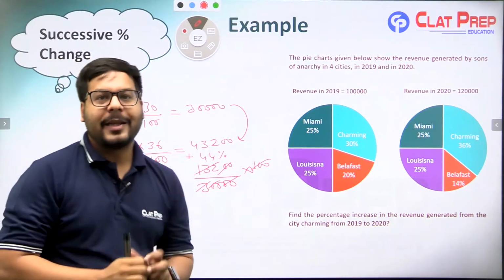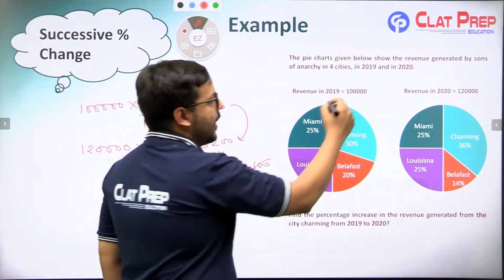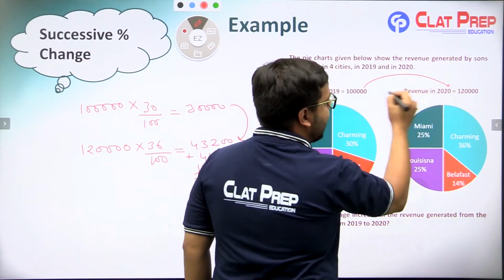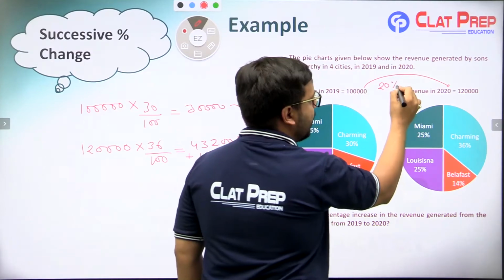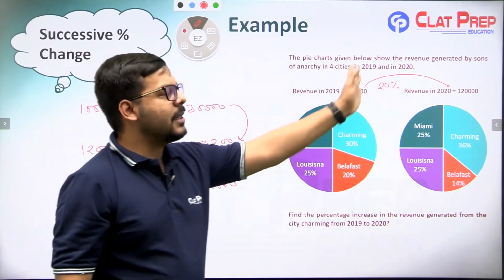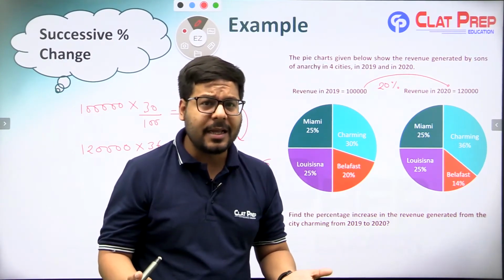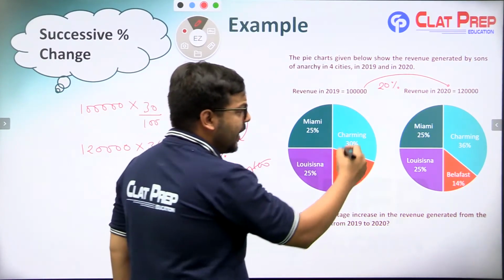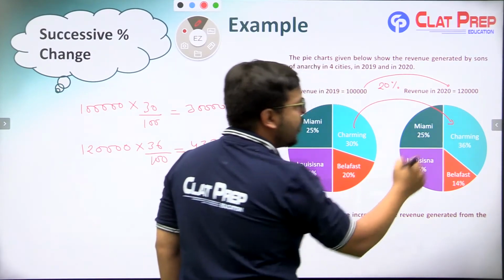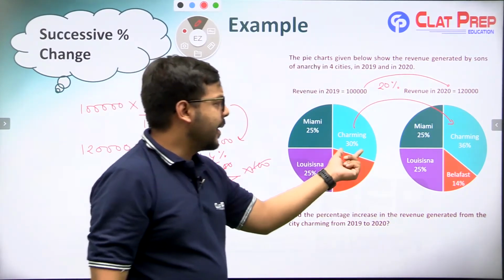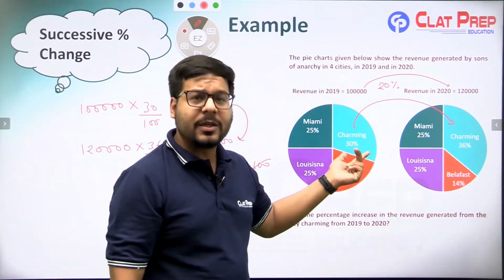Again, my question is, when you can see that the revenue has clearly increased by 20%, right? The total revenue has increased by 20% from 1 lakh to 1,20,000. We can calculate this mentally. Similarly, the revenue from Charming has also increased by 20%. You can see the original percentage point was 30%.